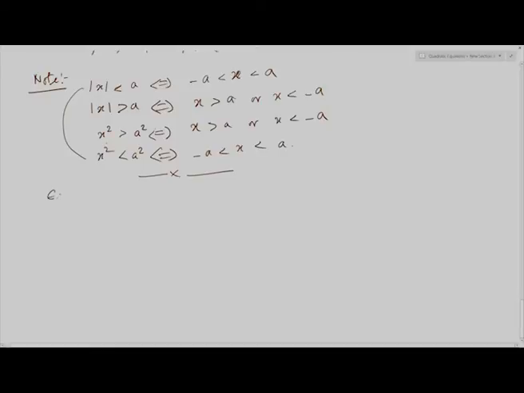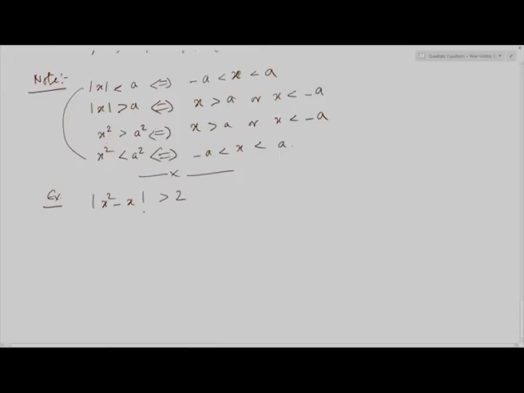Now, let us consider one inequality. Let me take this simple inequality, modulus of x square minus x greater than 2. What is the solution set, that is, for what values of x do we have modulus of x square minus x greater than 2?